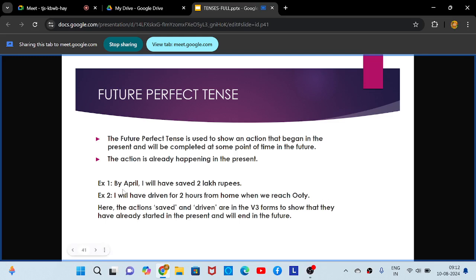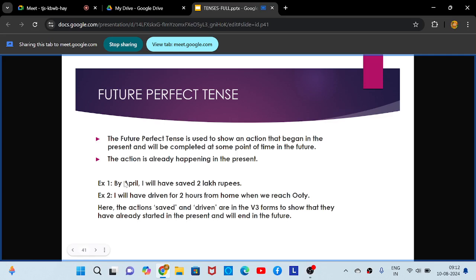So in the first example, let me show you. By April, I will have saved 2 lakh rupees. So imagine that I started saving some money for a charity or something, and now it is August. I started saving in January, now it is August, but the amount will become 2 lakhs only by April, that is April 2025.